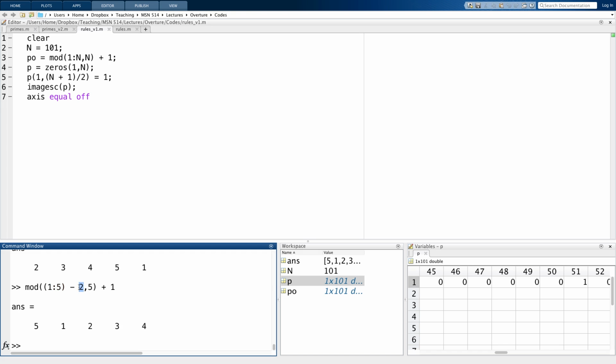Which gives you, okay, let's run this one. This one gives you -1, 0, 1, 2, 3. But 0 mod 5 is 0, right? +1 gives you 1 over here. -1 mod 5 is 4.